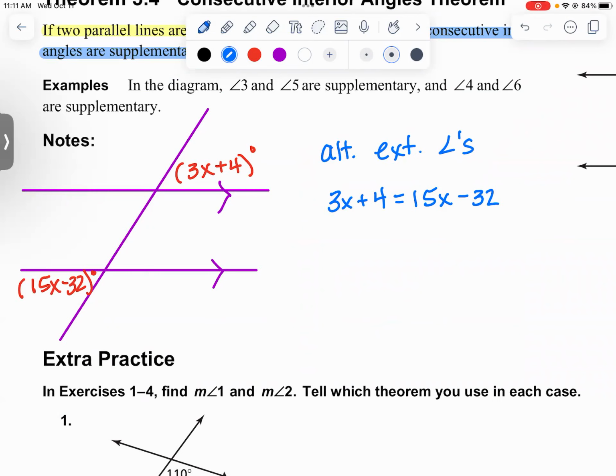I'm going to subtract 3x from both sides to get 4 equals 12x minus 32. Are you okay with that? Add the 32 over to get, so what does x equal?